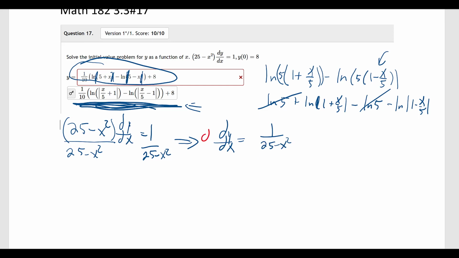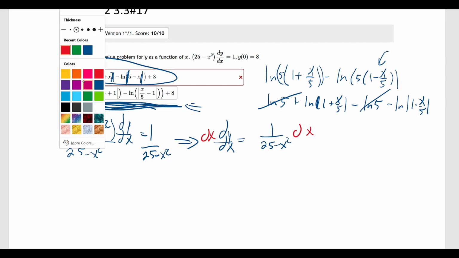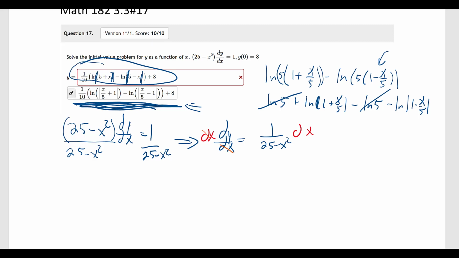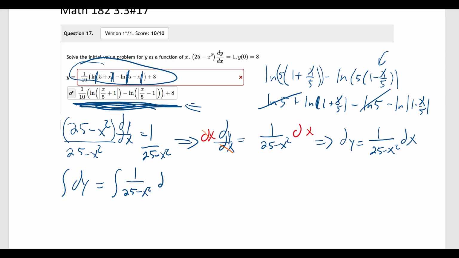And again, bring that dx over. And we end up with dy equals 1 over 25 minus x squared dx. So we have the integral dy, which becomes a y, equals integral 1 over 25 minus x squared dx.